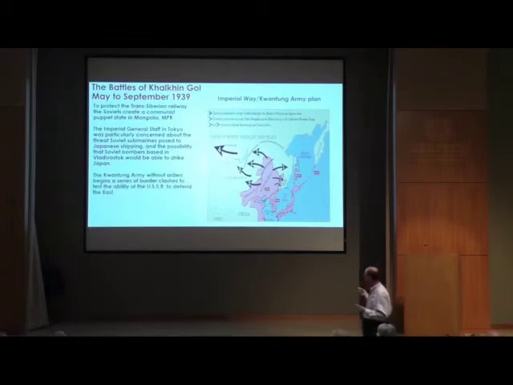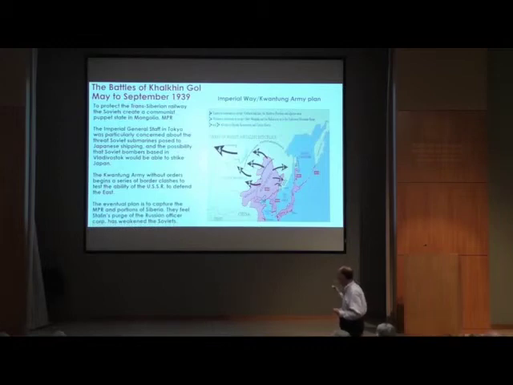But the Kwantung Army, again, without orders, decides to start a bunch of incursions around Mongolia. And they think that the USSR is too weak because Stalin has purged the Russian officer corps. So they, again, think this is a golden opportunity for them to take some free stuff, because they love free stuff.